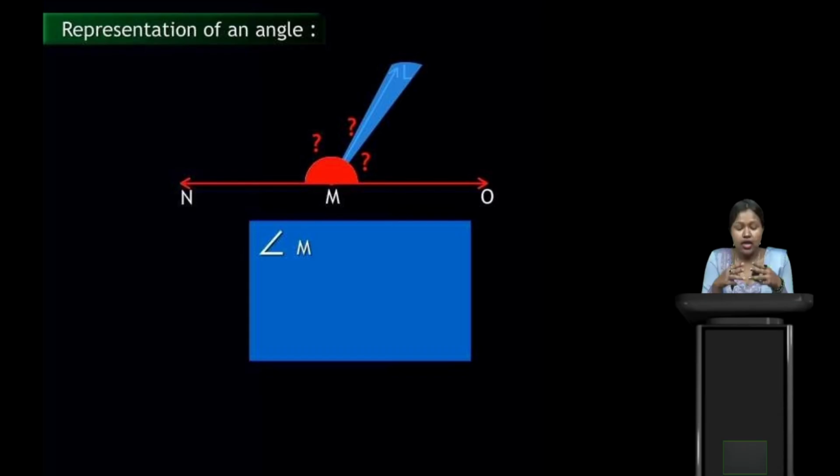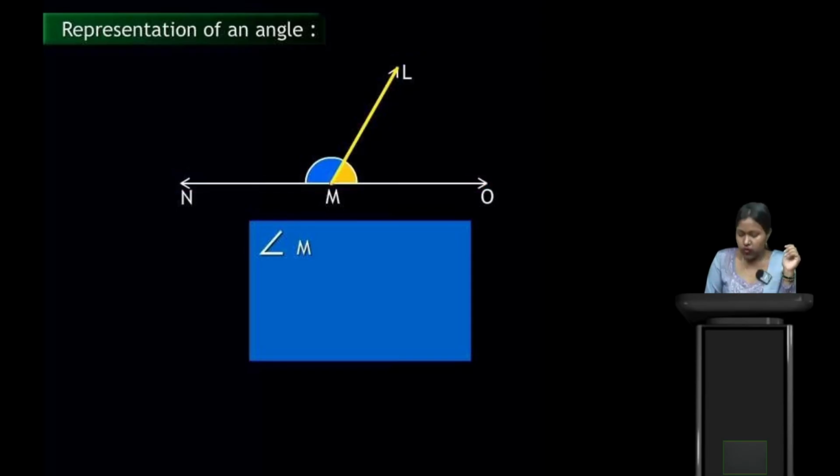It can represent any of these. A total of 3 angles were produced, right? Out of these 3, any one may be meant. So how will we represent it? In this case, we can't simply say this is angle M. We don't know which angle M is representing here. So we have to write the full name. When we represent angle LMN, that means this blue one, this side one.